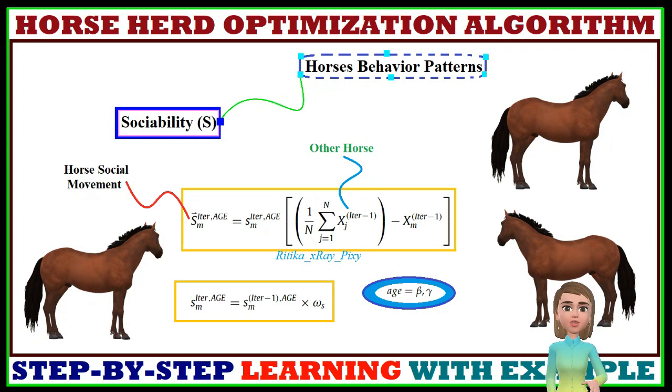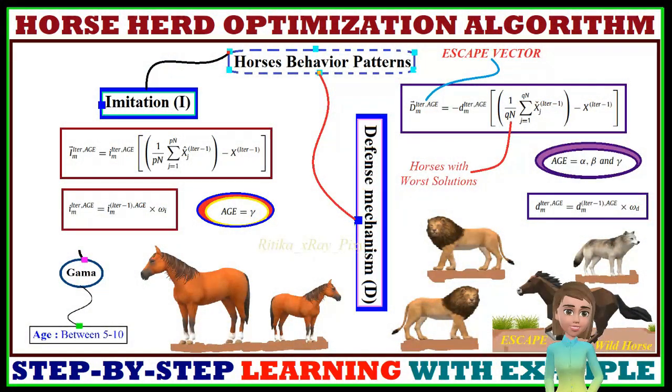In the horse herd optimization algorithm, this is the mathematical model that we can use to update the horse position toward the average horse position in the search space. Here this is the other horse, and this is the horse previous position, and we can update this for beta and gamma horses.